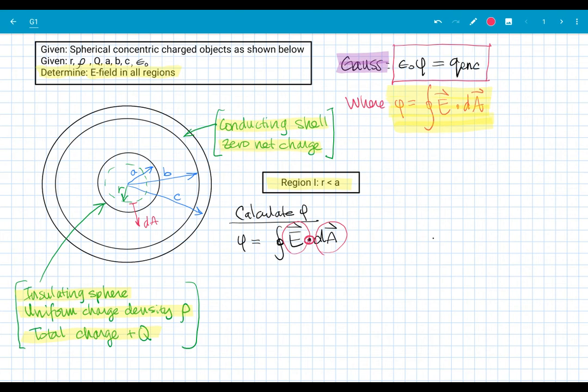So dA is what I would describe as radially outward everywhere in the ball. And the cool thing is that E is also going to be radially outward everywhere. So E and dA are parallel. And I want you to just pause for a minute and think about why, when I say E is radially outward everywhere, why that would be. There's a little bit to that.